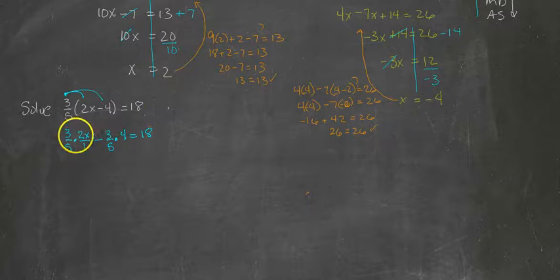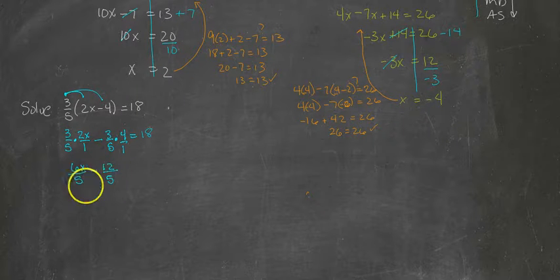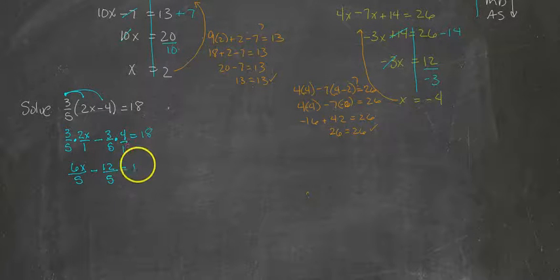Still simplifying, 3 times 2x is 6x, 5 times 1 is 5, minus 3 times 4 is 12, and 5 times 1 is 5. Now I have equals 18.